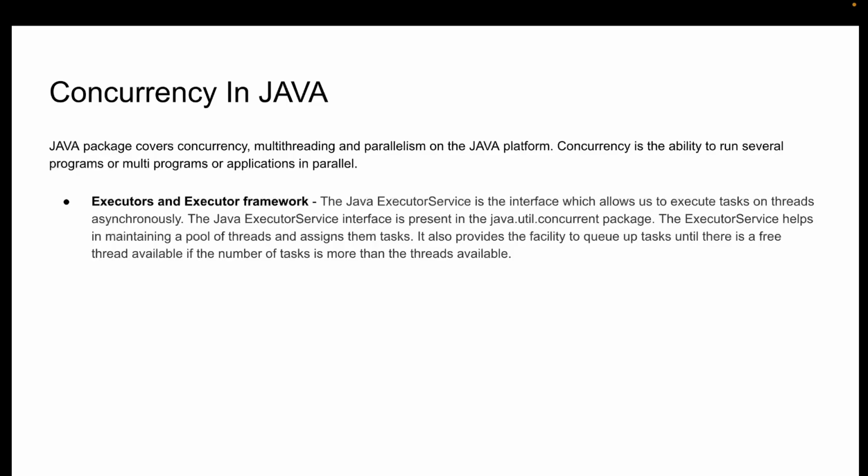So understand this, we have a pool of threads, and we have our thread scheduler, and we have some tasks to be done. The thread scheduler goes into the pool and sees which thread is free now. If that thread is free, the scheduler picks it up and assigns it to do some job.